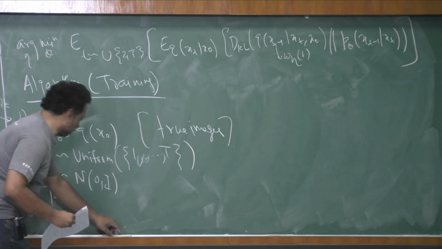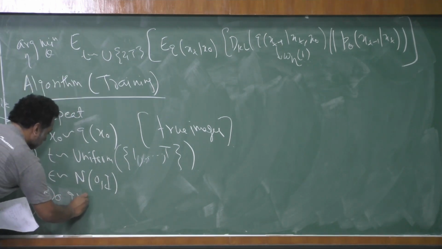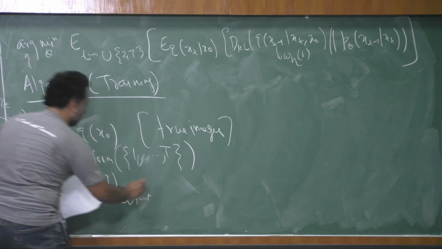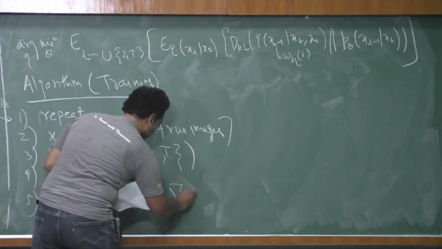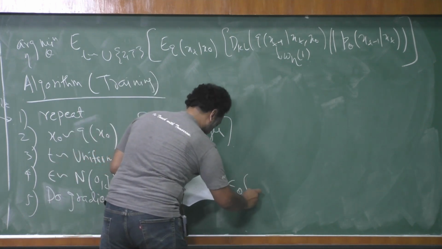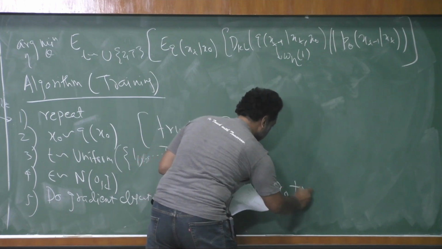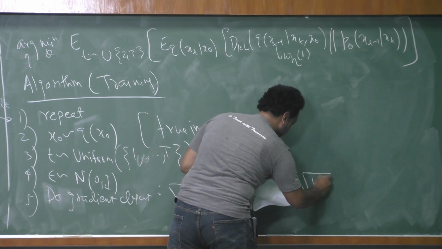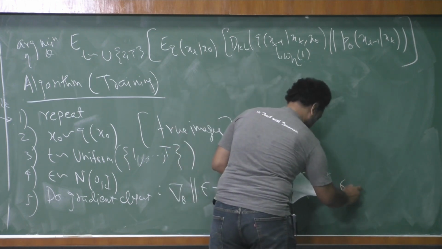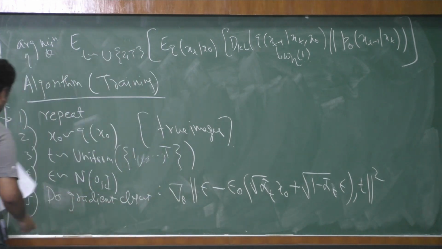The fifth step is to do gradient descent, with the gradient computed for the norm of epsilon minus epsilon theta of square root of alpha bar t x naught plus square root of 1 minus alpha bar t epsilon, until converged.